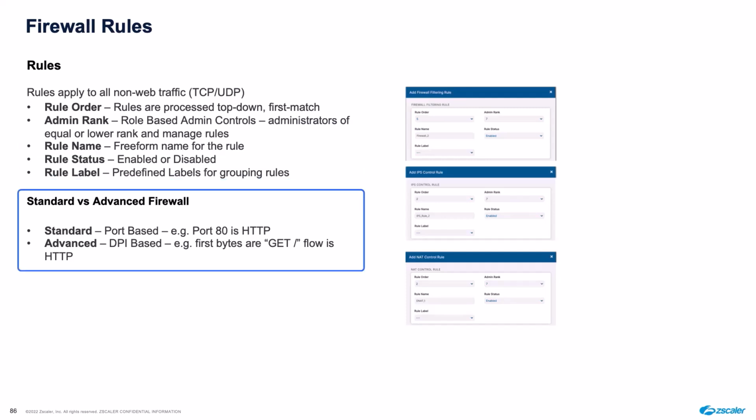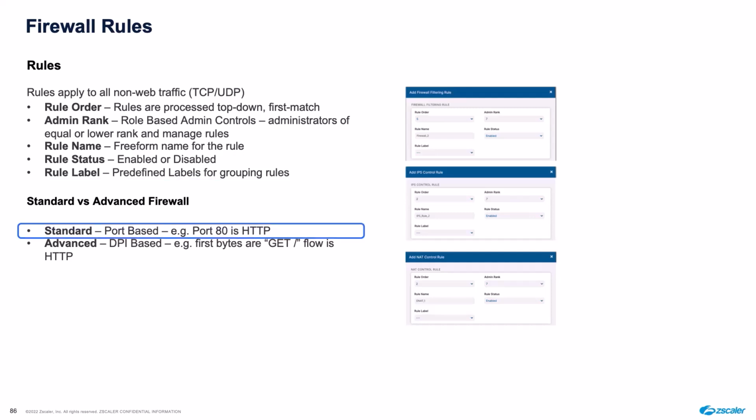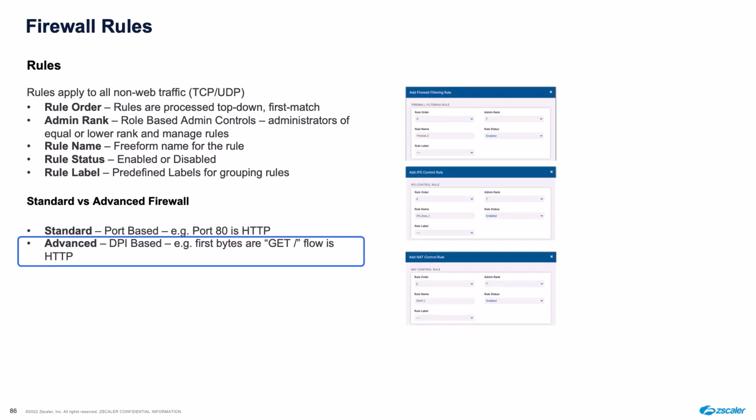The rule is applying for the standard or the advanced firewall. The decisions are based on standard, which is the port-based rules. Port 80 is HTTP, and the predefined rules come from the resources tab, or the advanced policy based on DPI. So looking at the first magic bytes of the traffic, seeing a GET means that it's HTTP, and we can identify that and pass it to the HTTP proxy.